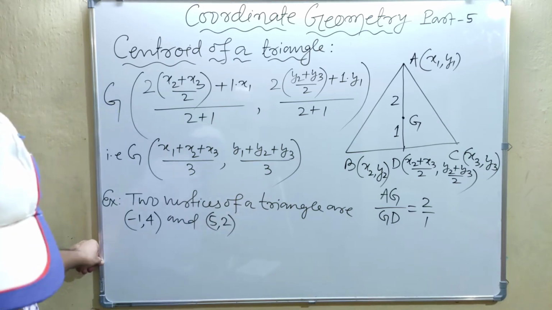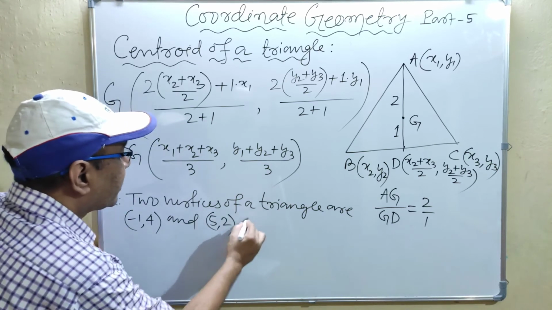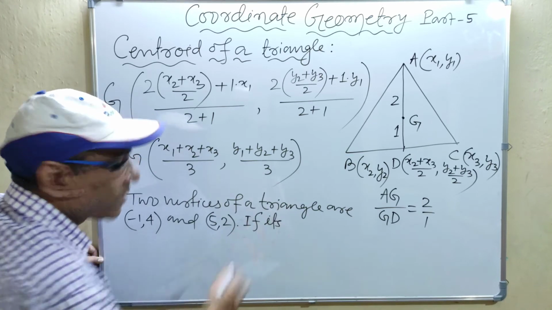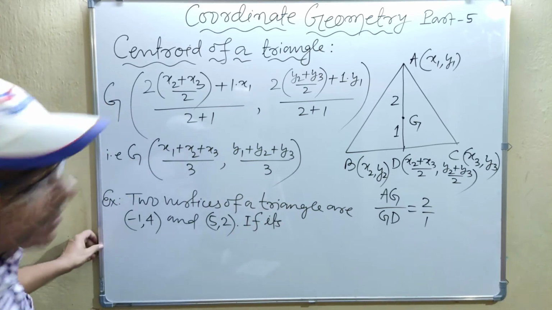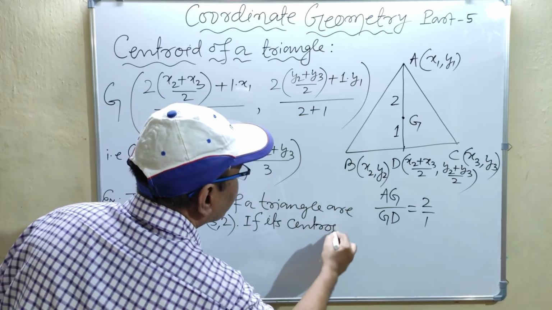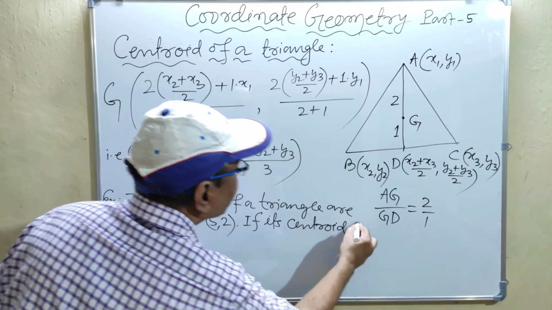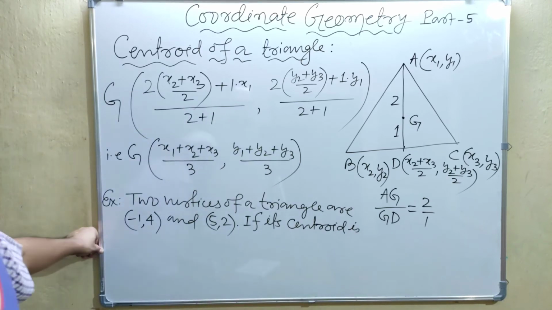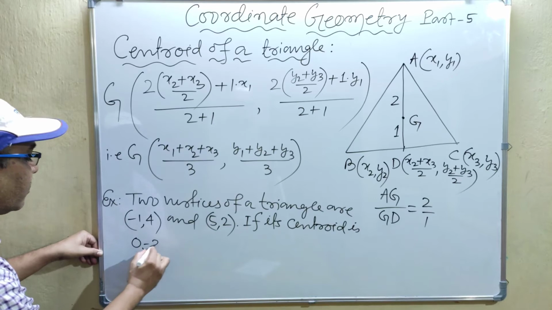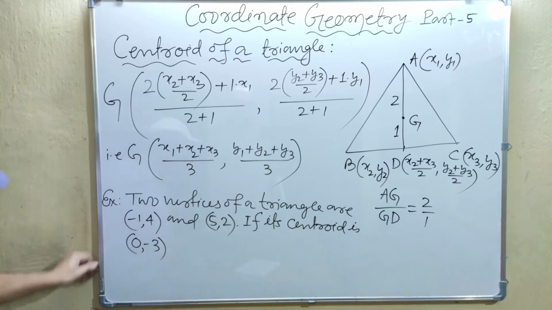If its centroid is 0 minus 3, find the third vertex.